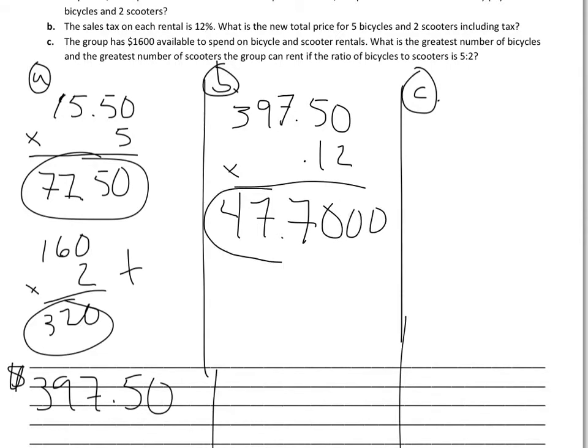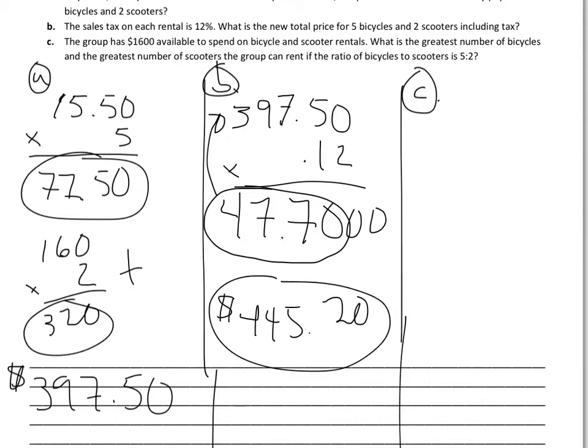The tax that you would add is $47.70, and then you'd add that to $397.50, and this is when you get $445.20. So that's the total plus your tax. The reason I know it's $47.70 is because 12% is a little piece of the total. $397.50 is the big total, that's the 100%. A little piece would be $47.70. Add the little piece to the big piece, and you get $445.20.